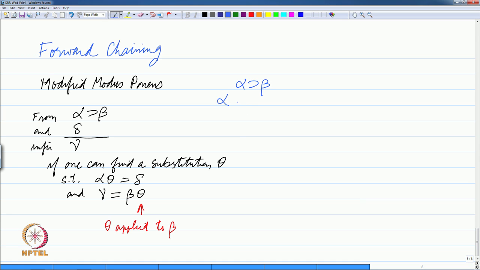So, you can now infer from this beta by applying modus ponens, and if you have a rule of the form beta implies gamma, then you can infer from this gamma, and if you have a rule of the form gamma implies, let us say, delta, then you can infer delta essentially. So, what are we doing? We are in some sense chaining the rules together.